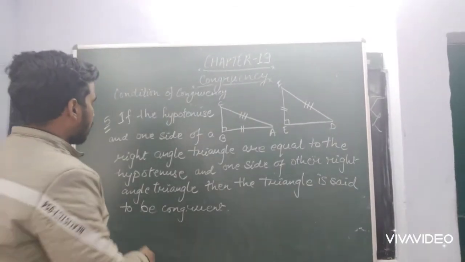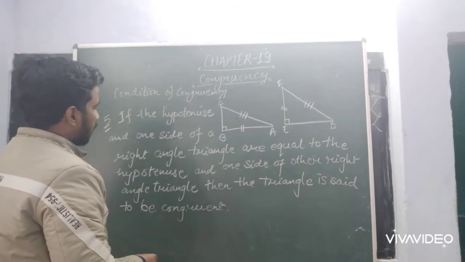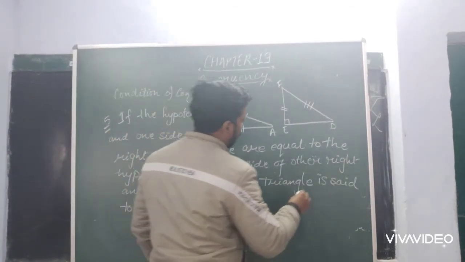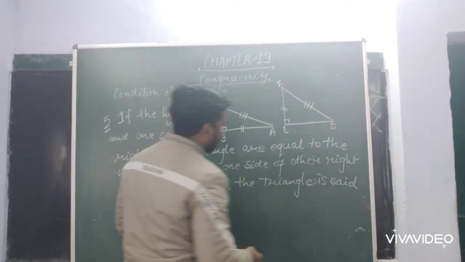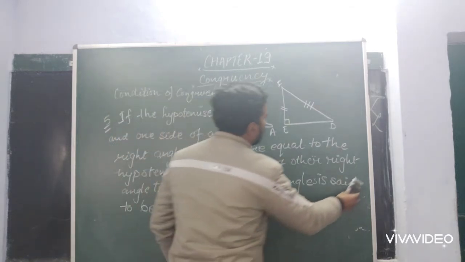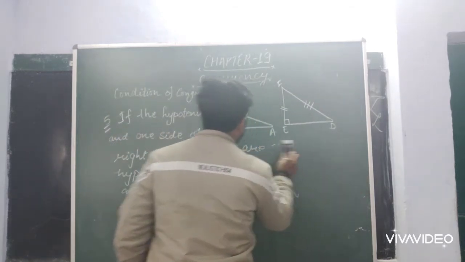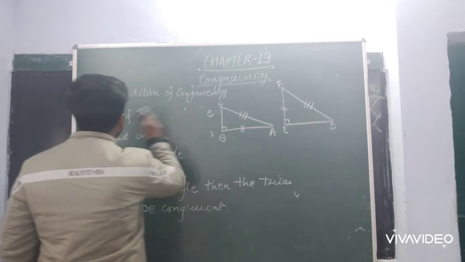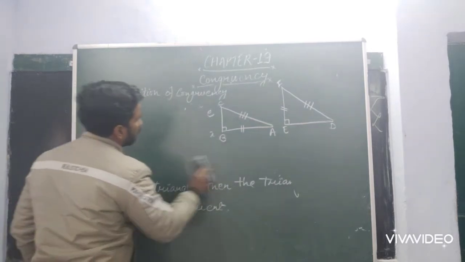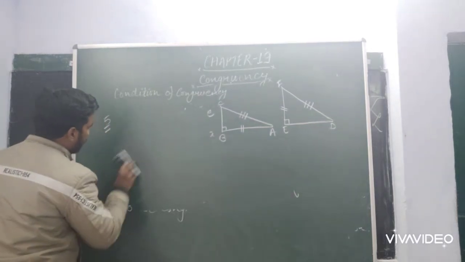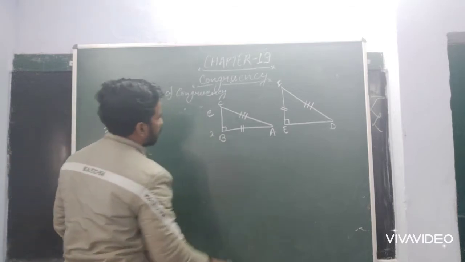So we have seen this, when the triangles are congruent. This is the theory part. Now let's see its working.